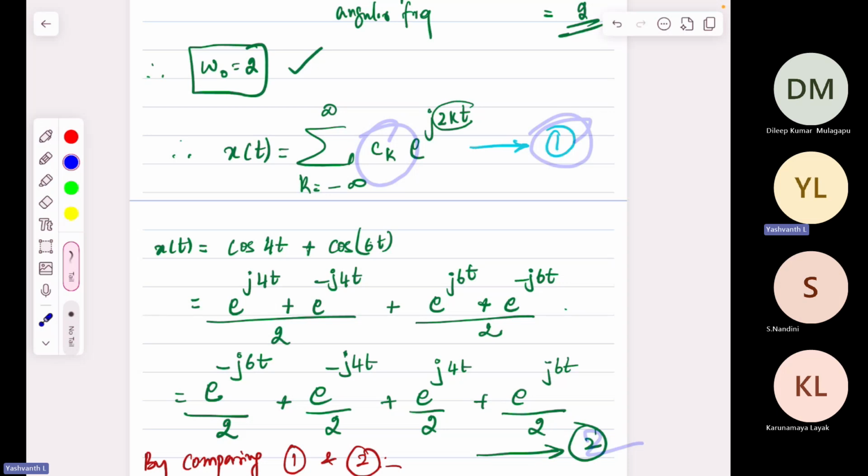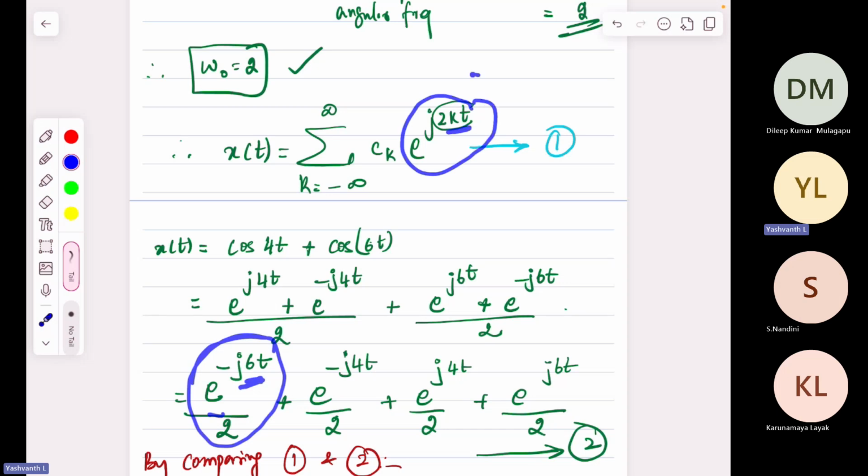Simple, right? Let's start with the leftmost term. e^(-j6t) is there, but your expansion has e^(j2kt). For what value of k will e^(j2kt) become e^(-j6t)?